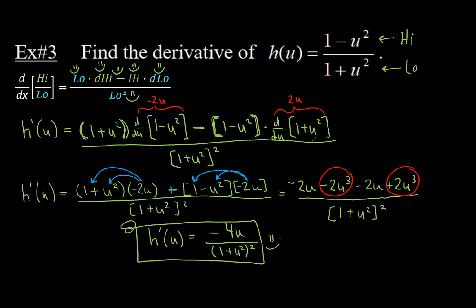And that's how I find the derivative using the quotient rule. Remember, whenever you do something with derivatives that has a numerator and a denominator, you have to use the quotient rule.